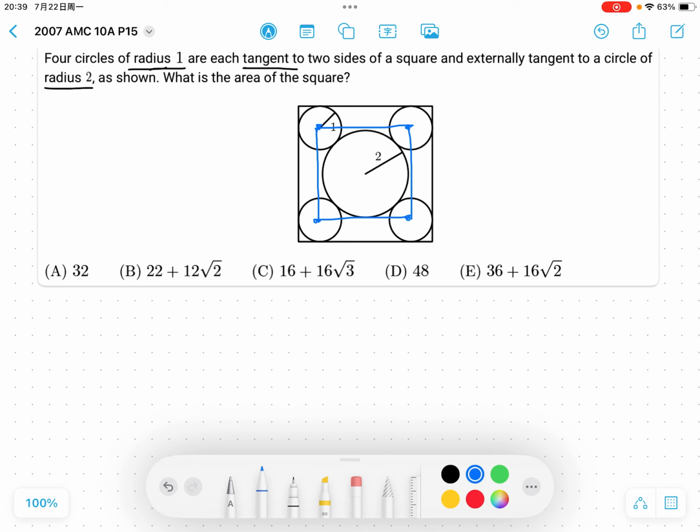And in this square, because this is the radius of a radius 1 circle, and the radius 1 circle is tangent to the sides of the square, we know that at this point, if you extend this line here, it will definitely be part of the circle's radius and also touch the side of the square.